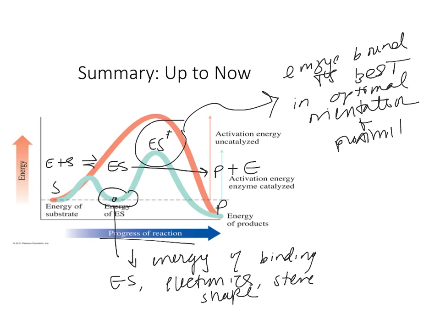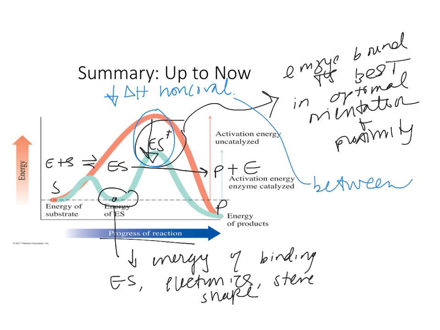And again, the lowering of this is due to primarily a decrease in delta H from all of the non-covalent interactions between transition state and enzyme. And that's all I have for you.